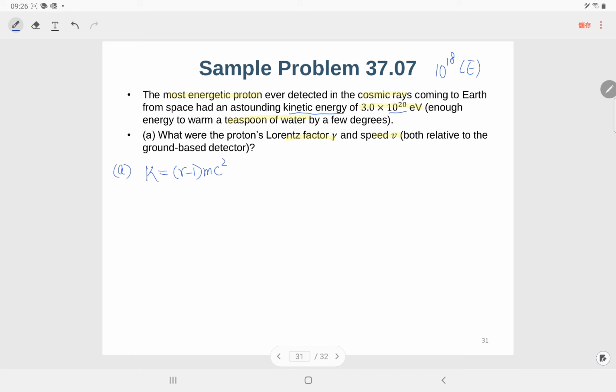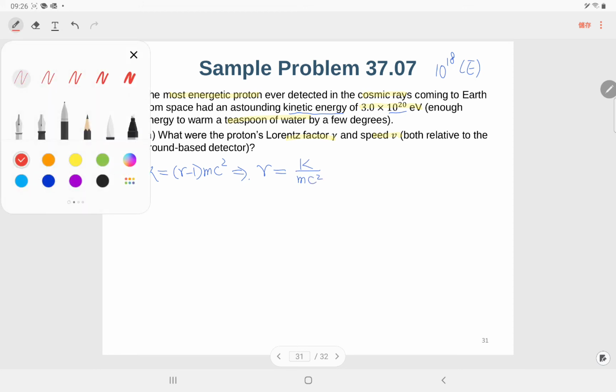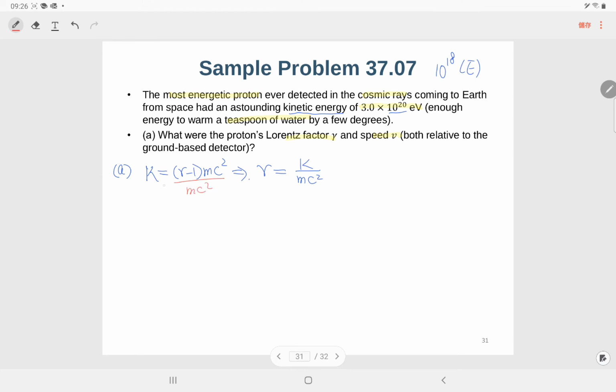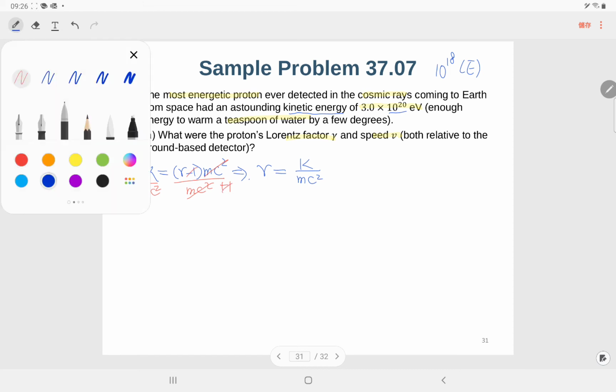So we can make gamma equals K over mc squared. We can just divide both sides by mc squared, and then add 1 on both sides so the terms cancel. Finally we have gamma equals K over mc squared plus 1.